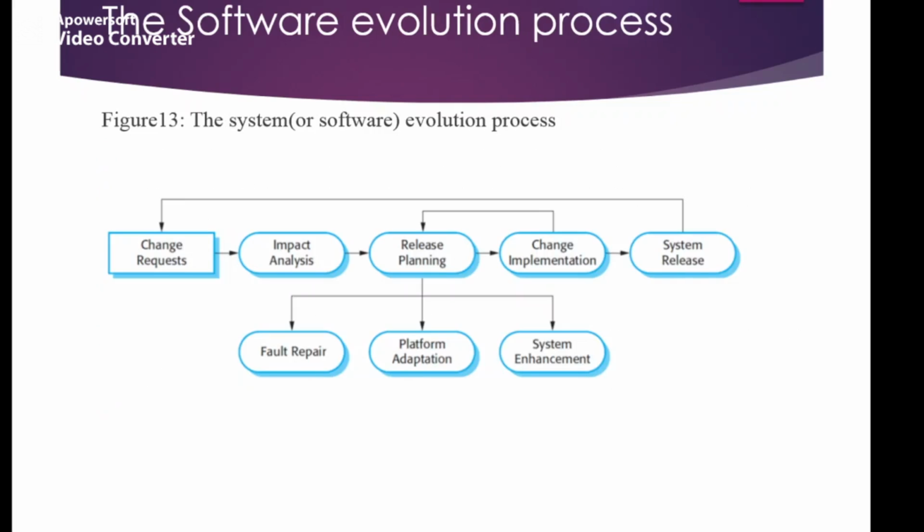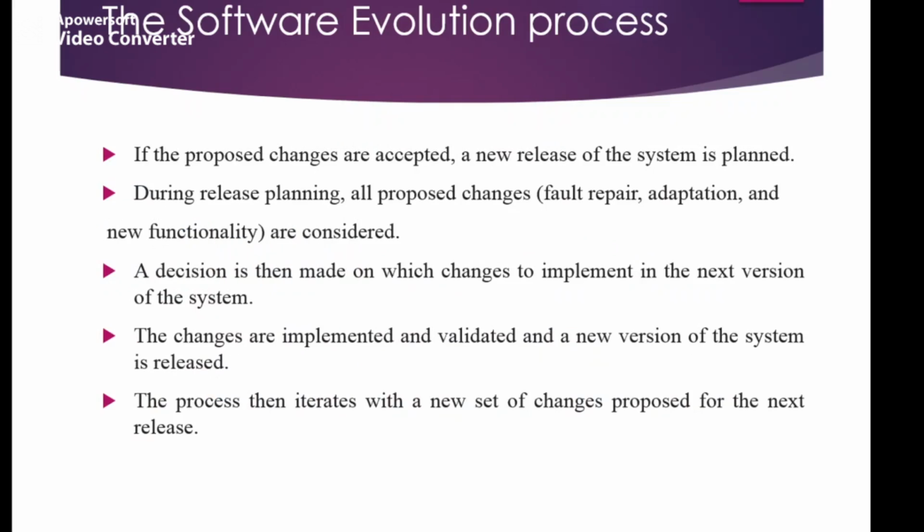In release planning, if there are any faults, you are going to repair those faults. Platform adaptation: you are going to see whether you can make your system adaptable to the platform. System enhancement means you can add new functionality. A decision is then made on which changes to implement in the next version of the system.